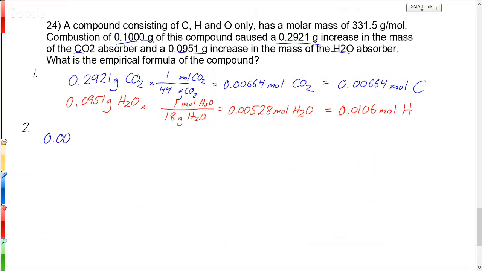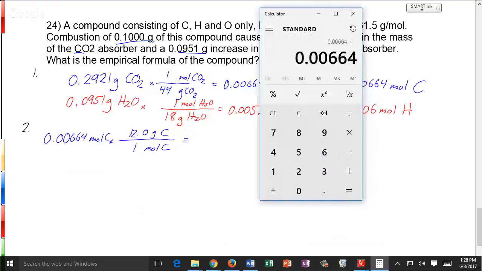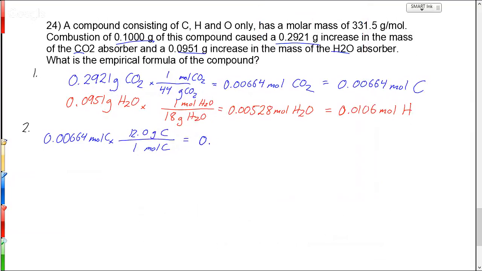So this much carbon times 12 grams per mole gives 0.0797 grams of carbon.